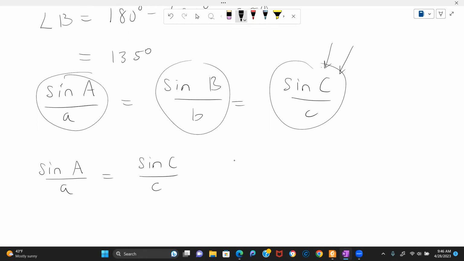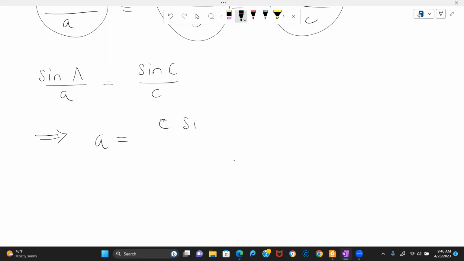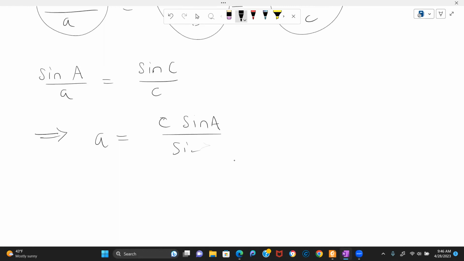And if you do that, I'm not going to go through the algebra. I sort of already did that with the other example. If you do that, you find that A is equal to C times sine of A over sine of C. And everything on the right-hand side of this equation is known.